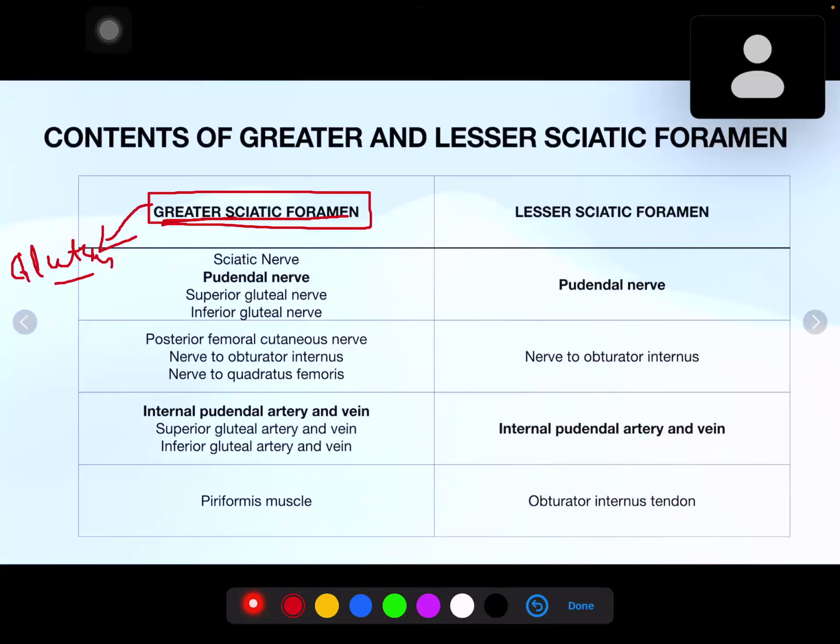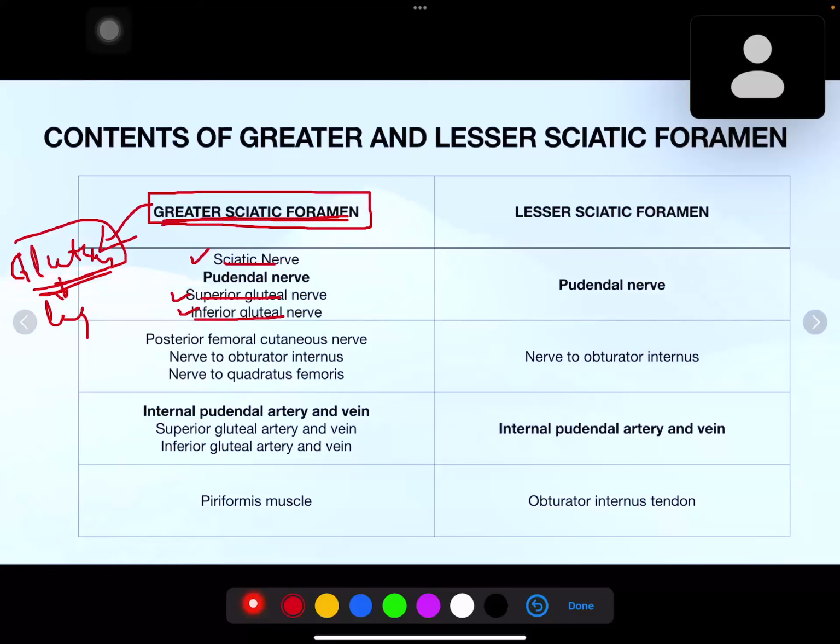So remember what goes through the backside, gluteal region, and the leg as well. See, the sciatic nerve has to go back because it provides the nerve supply to all the leg and the buttocks. Superior gluteal nerve, inferior gluteal nerve. So everything which has to go back will be passing through the greater sciatic foramen.